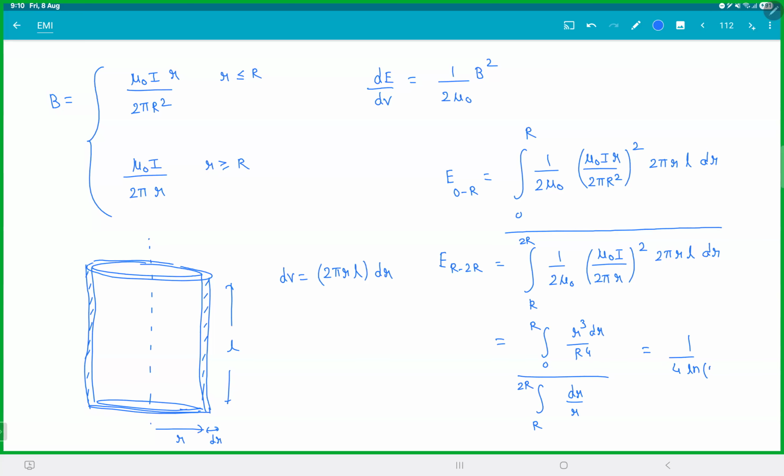In the other case this will be ln 2. The denominator will get ln, since there is an r square here and an r there; one r will cancel and you are left with dr by r, from R to 2R. Check. I hope that is right.